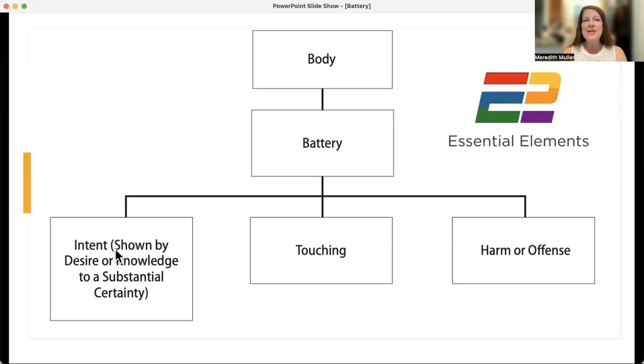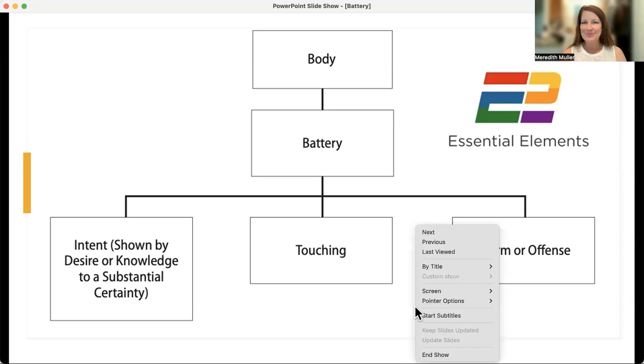What do we have to intentionally do? We have to intentionally touch someone. So we have to show a touching or contact, if you will. So in order to prove your prima facie case for battery, you have to prove an intentional touching that causes harm or offense. Let's talk about that in detail.